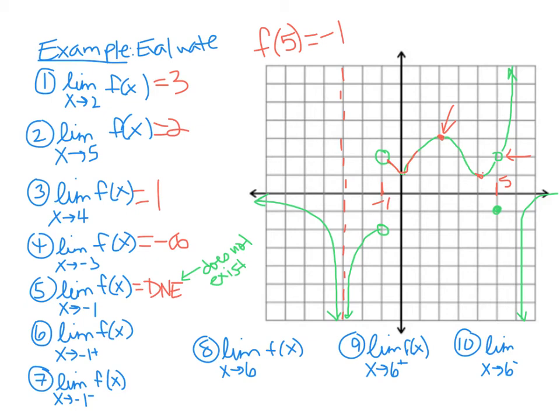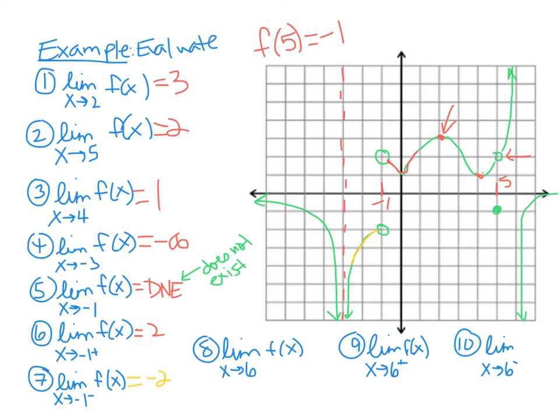That is going to happen at positive 2. So that one does exist. The next one, the limit as x approaches negative 1 from the left side: same idea, we're going along from the left, and at x equals negative 1 we get closer and closer and closer to negative 2.